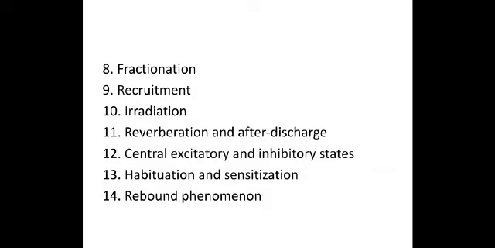So what about the rebound phenomenon? Just as a muscle can be reflexly excited, so also it can be reflexly inhibited. That is, the tone is reduced and the muscle elongated due to relaxation. This is called reflex inhibition.